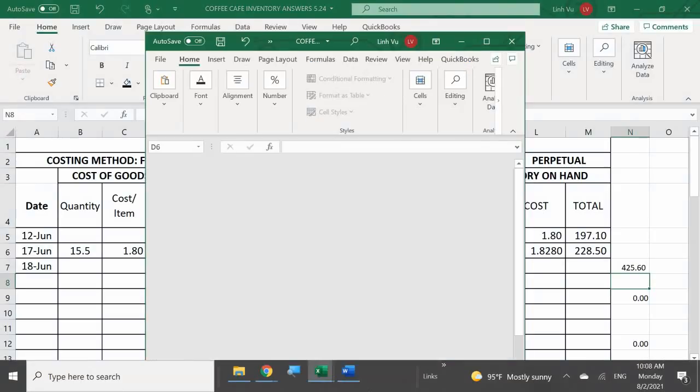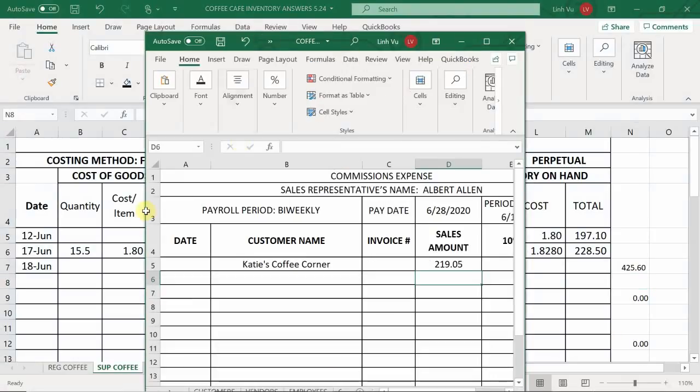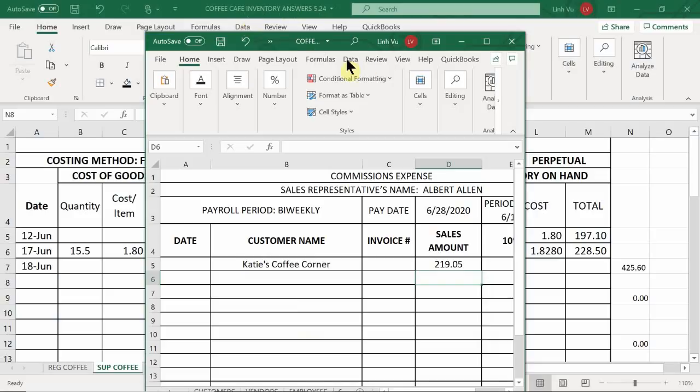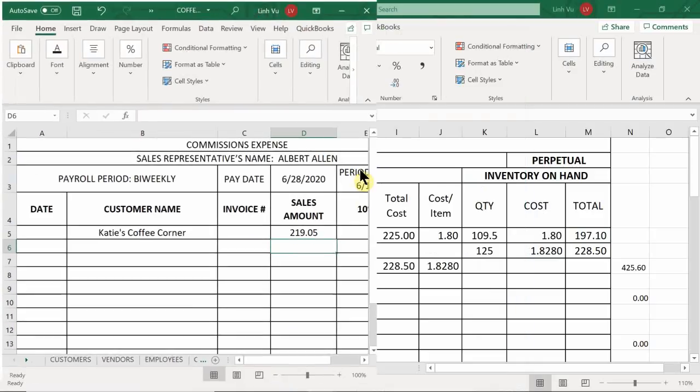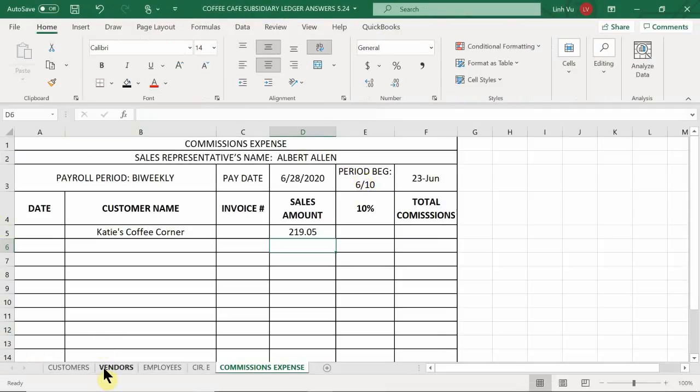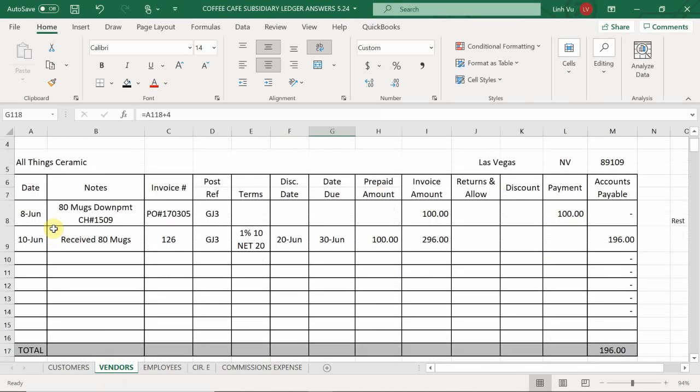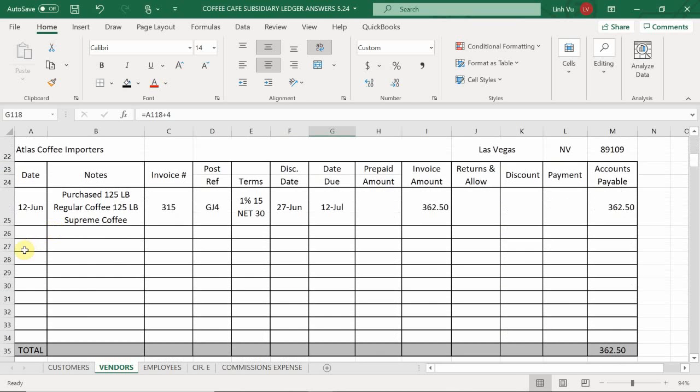The first one we're going to look at, under vendors, is my Atlas Coffee. Okay, so here's Atlas Coffee. How do I fill it out?